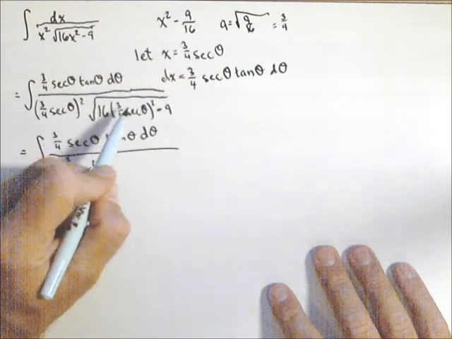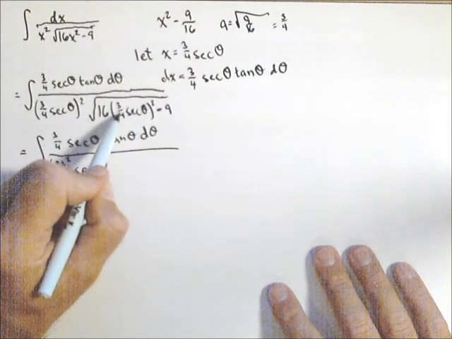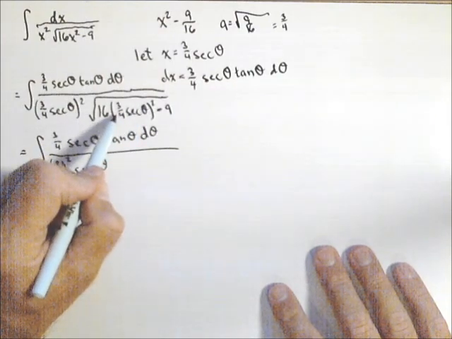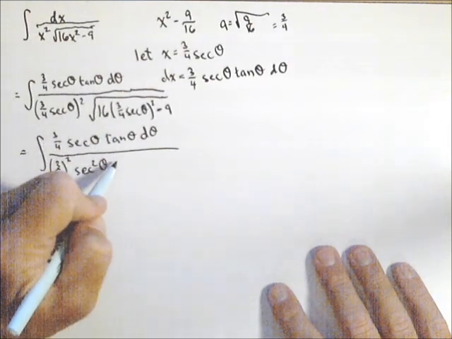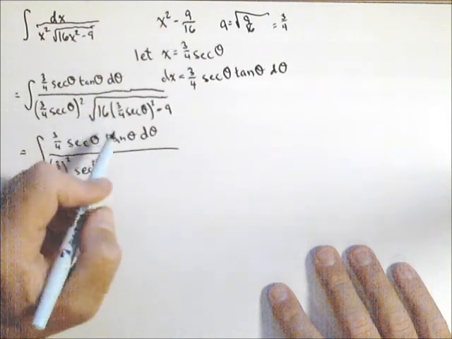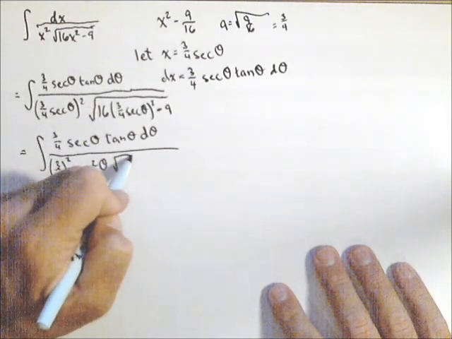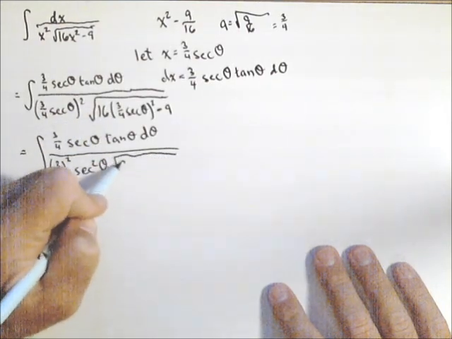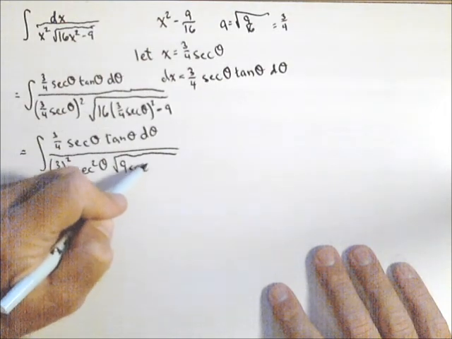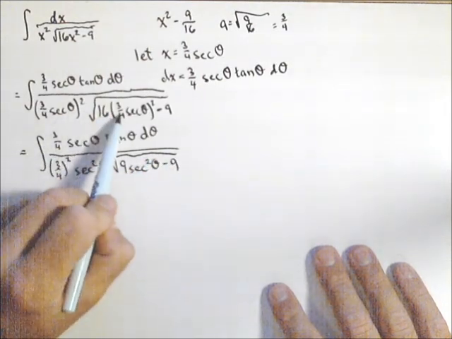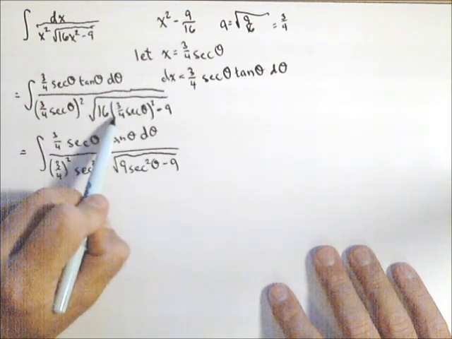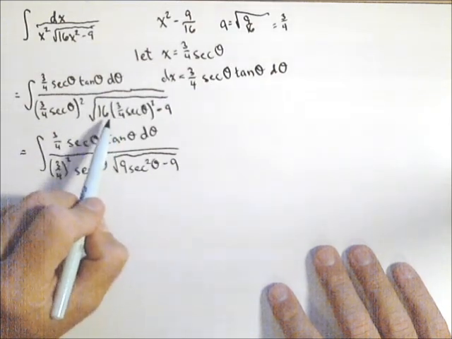And now this is cool. What's going to happen here? The 3/4 gets squared, which is 9/16. 16 times 9/16 is actually just going to leave us with 9. So under the radical, all we end up with is 9 secant squared theta minus 9. If you're not quite seeing that, square the 3/4 because you get the 9/16 and then multiply it by that 16.